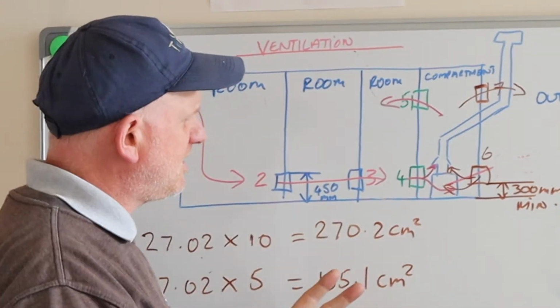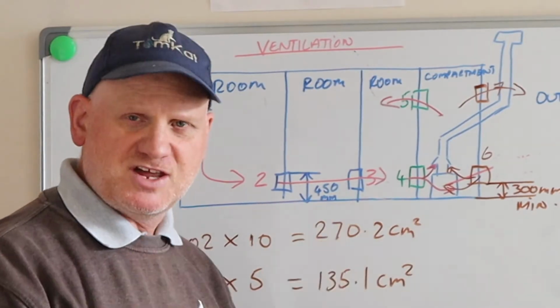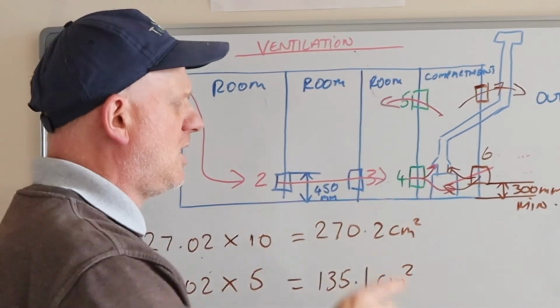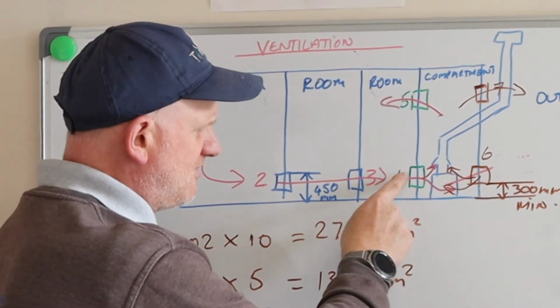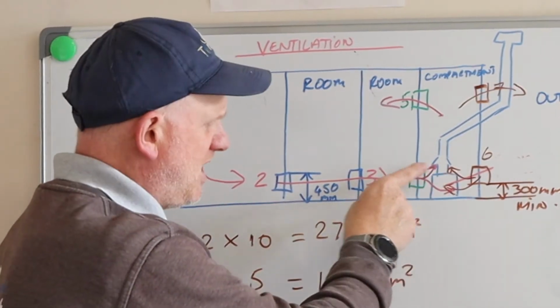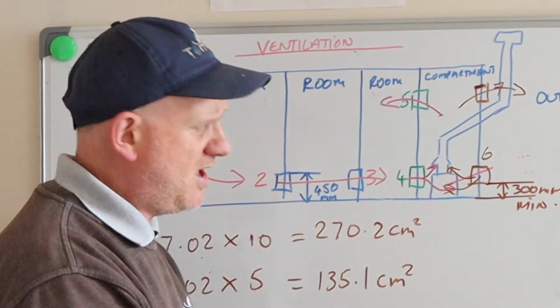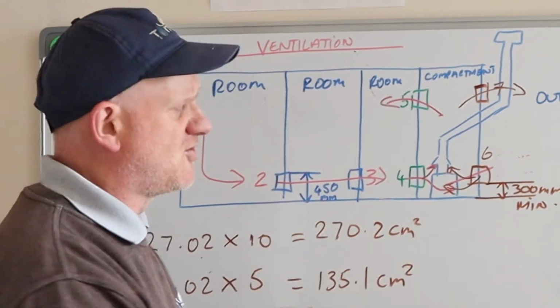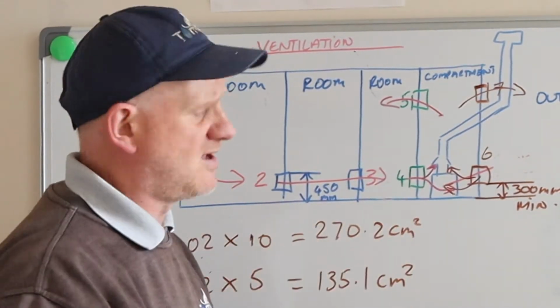Now the last thing with a compartment is the position of the vents. As well as having them high and low, we couldn't do this with the vents. So a vent at the bottom here and one directly across from the bottom here. We can't first of all take air from different places. They've got to communicate from the same way.